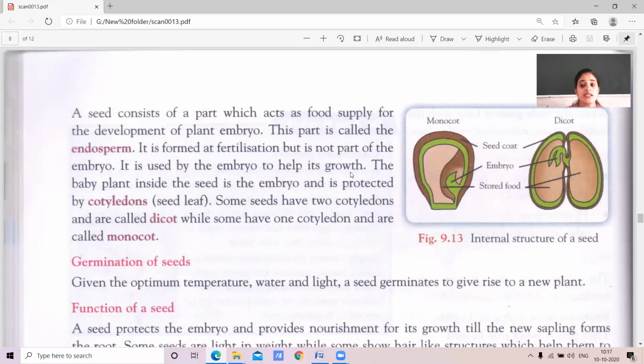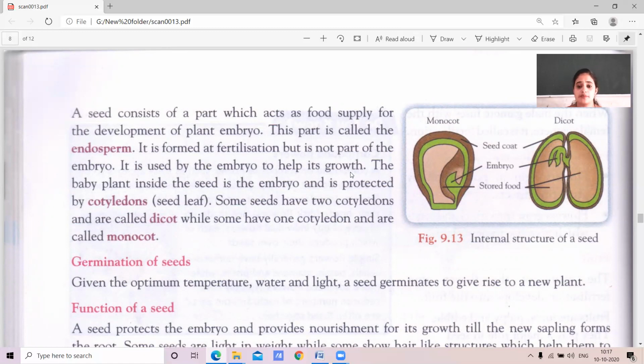If you cut it, it bears two cotyledons. Some seeds have a single cotyledon. If you crush it, it won't divide into two parts. Example, wheat, rice.